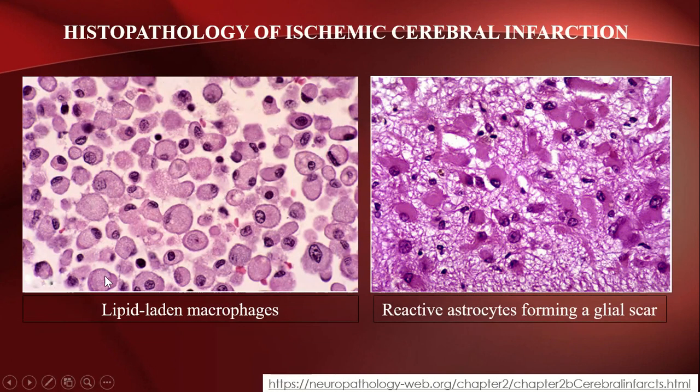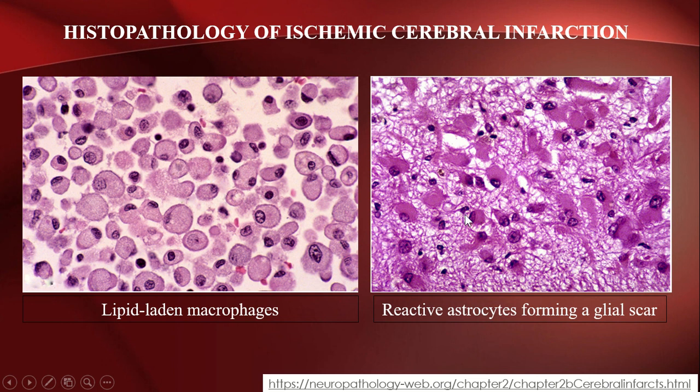And the histology of the ischemic cerebral infarction we discussed before: these are the granular balls, or lipid-laden macrophages, that engulf the myelin and the products of destruction.